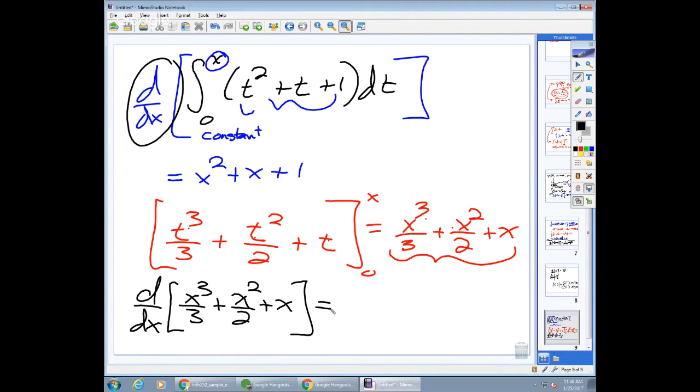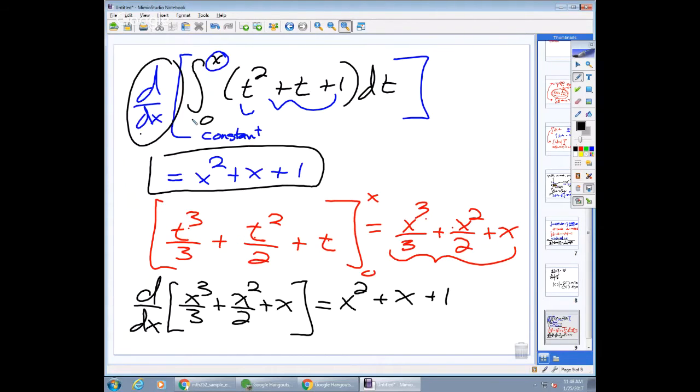And what is the derivative of x cubed? 3x squared, the 3's cancel, leaving an x squared. The derivative of x squared is 2x, the 2's cancel, leaving an x, and the derivative of x is just 1, which is what the fundamental theorem claimed ought to happen. Okay, so the fundamental theorem is kind of a shortcut: a derivative and an integral cancel each other out.